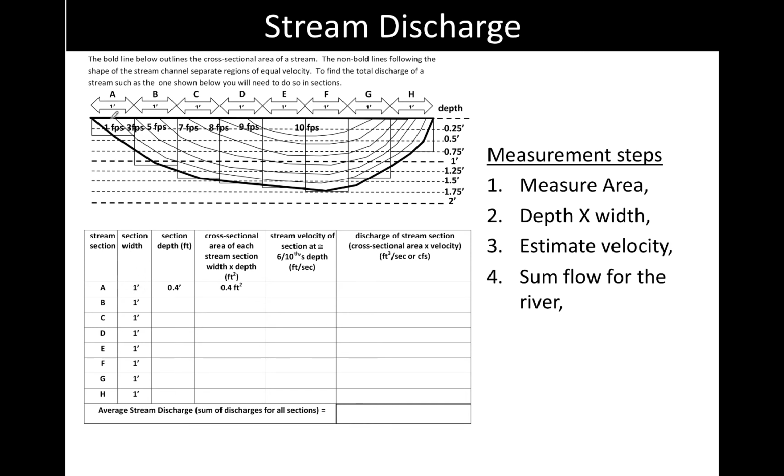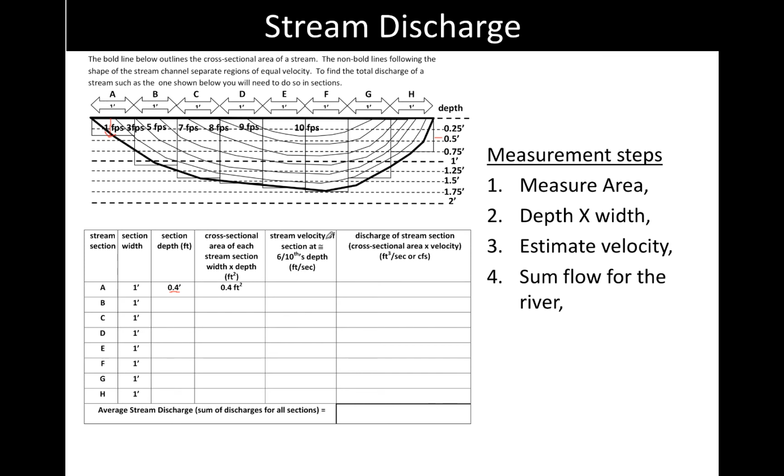Now, the depth has been measured for you. We measured down on our scale to about here, and you see it's close to 0.5, but not quite 0.5, so we've got a depth of 0.4. Now we want to measure the area, so it's length times width. 1 times 0.4 is 0.4 feet squared.